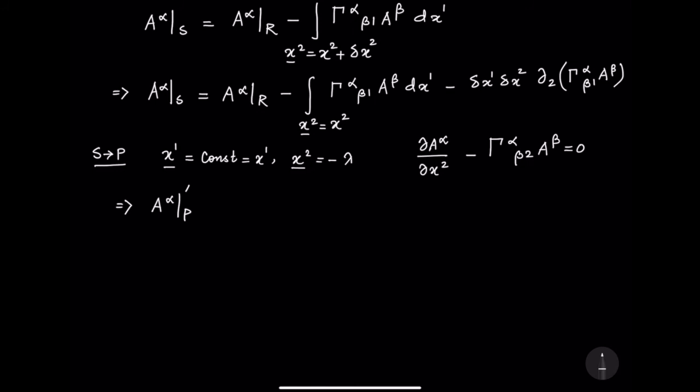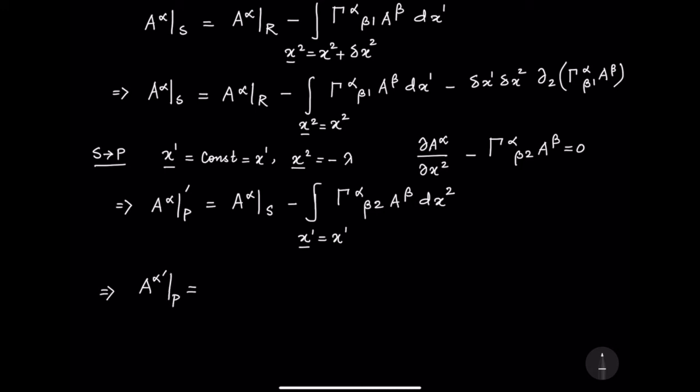So this, I call it prime because this is after the full closed loop parallel transport. This equals S minus, which also means that A alpha prime at P is A alpha. S I replace from here.